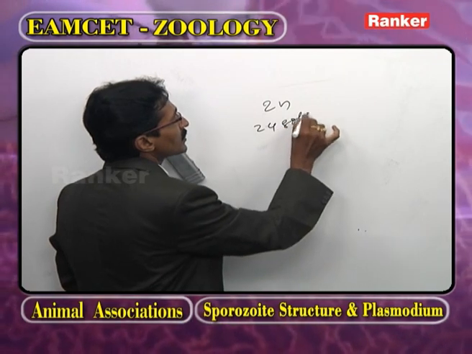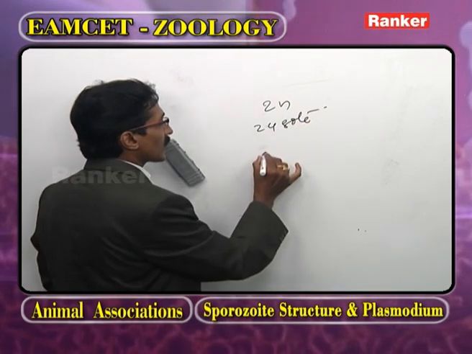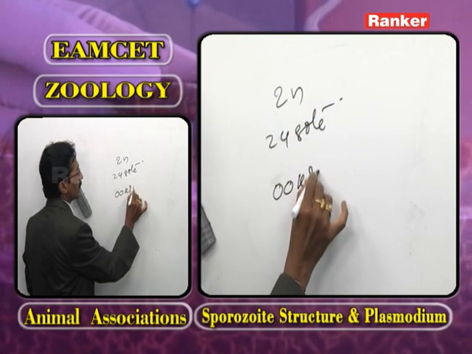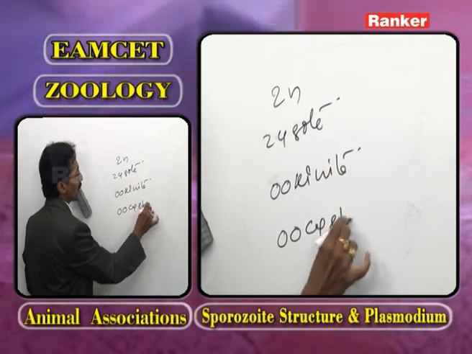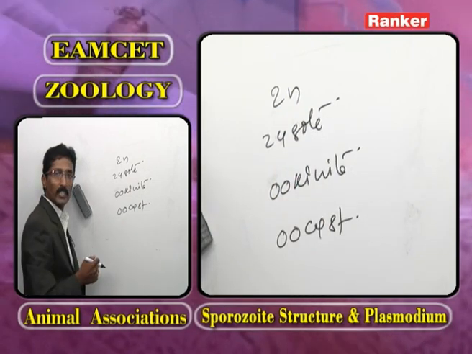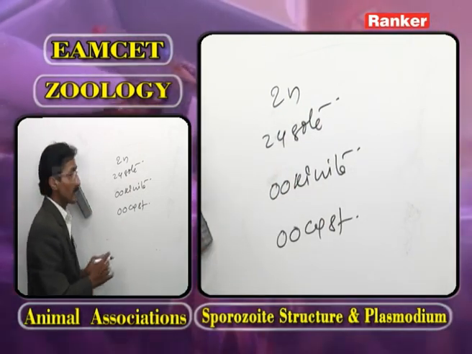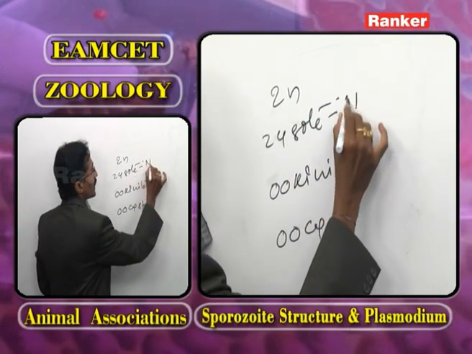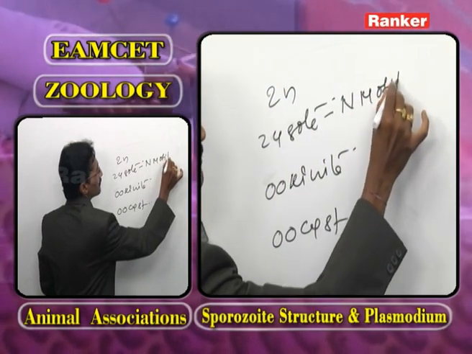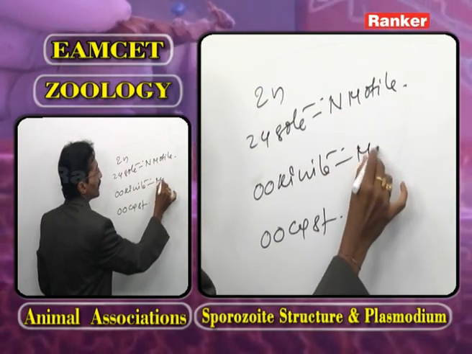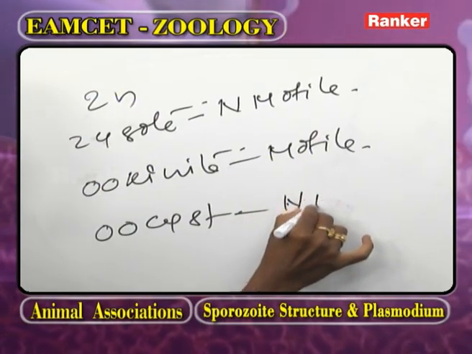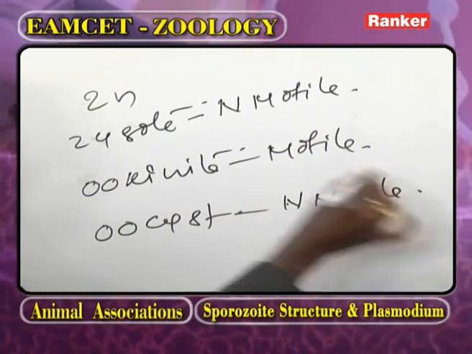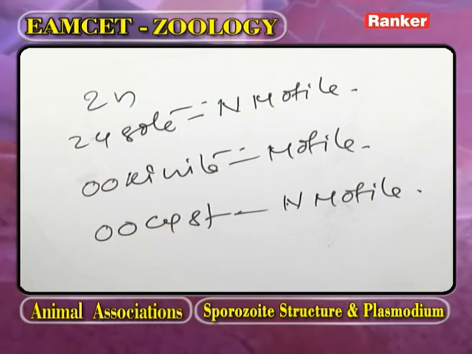One is the zygote, the second is the ookinete, and the third is the oocyst. No doubt all these are diploid stages. But what is the difference? The zygote is non-motile. The ookinete is motile. The oocyst is also non-motile.